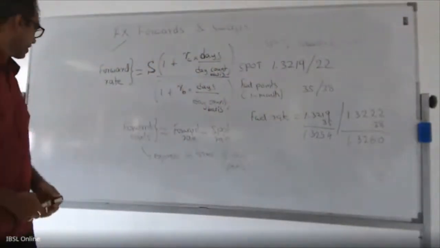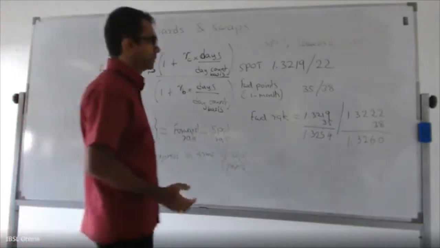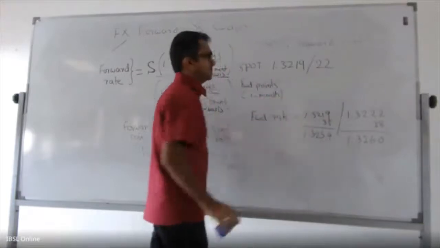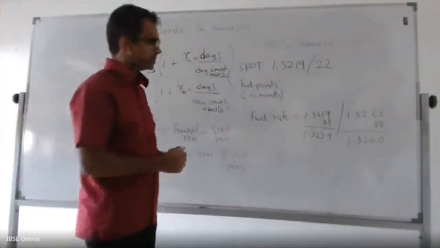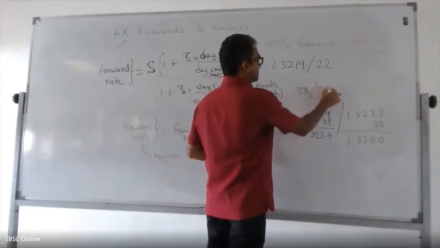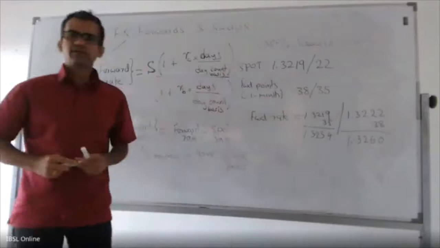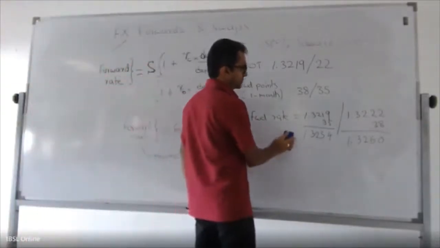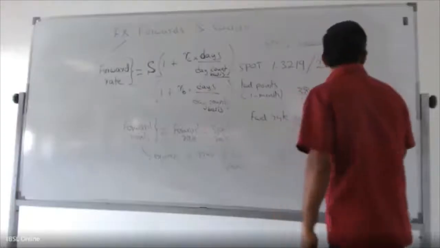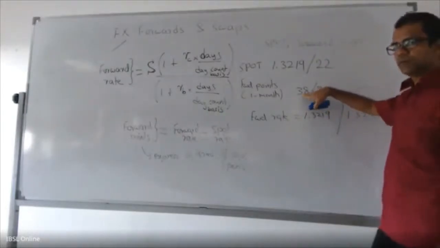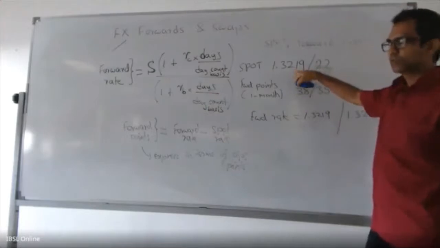But what do you do if instead of 35, 38, it was 38, 35? Then what do you do? You have to subtract, or deduct, the swap points from the spot rate.